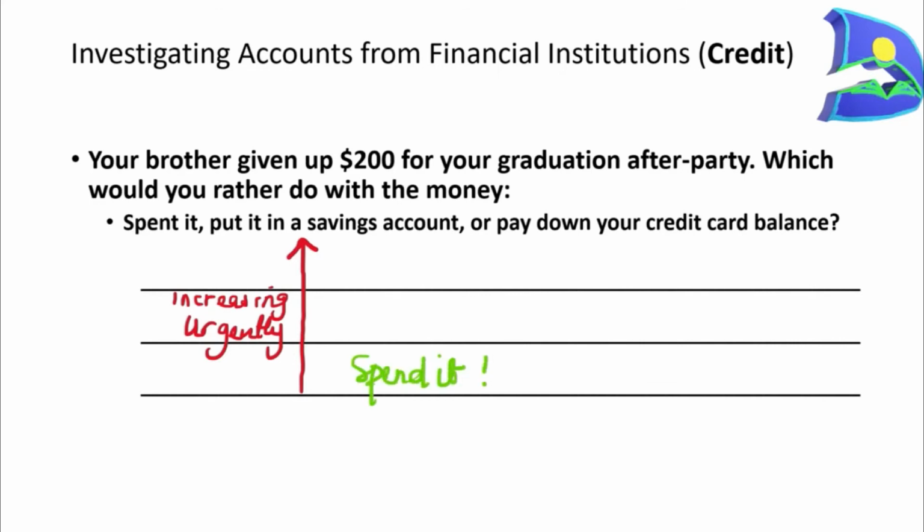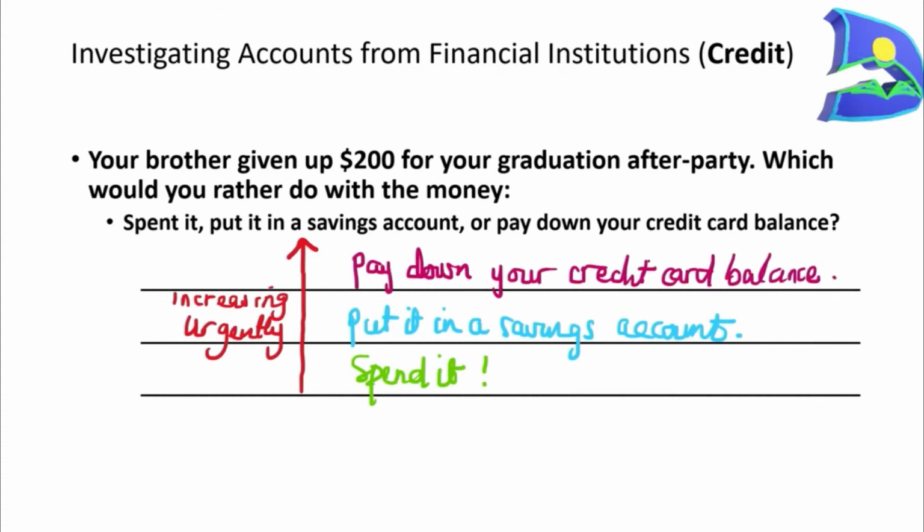Spending, of course, is the least urgent task to implement, and then the one that you want to focus a little bit more on is putting it in a savings account. And finally, the one you want to take care of first is offsetting all debt or loans, which in this case means you have to pay down your credit card balance first.